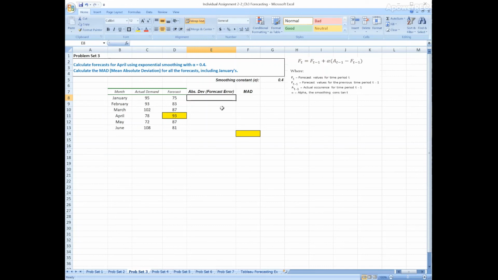In this exercise, the absolute deviation of the first month is defined as the absolute value of the actual demand in the first month, 95, minus the forecasted demand in January, 75. For this, we have to use the absolute value function in Excel.